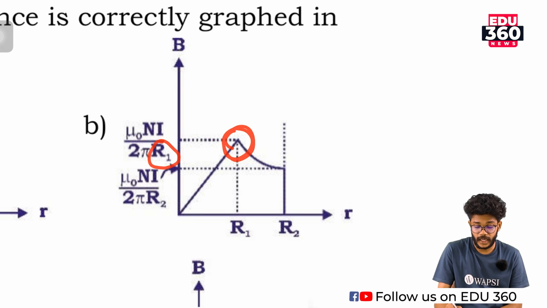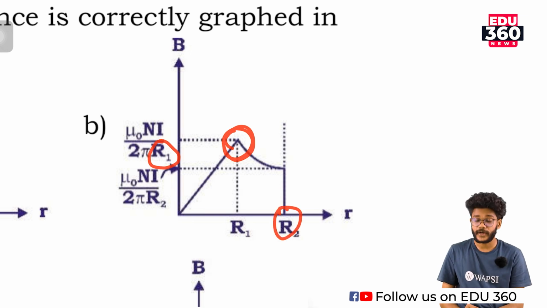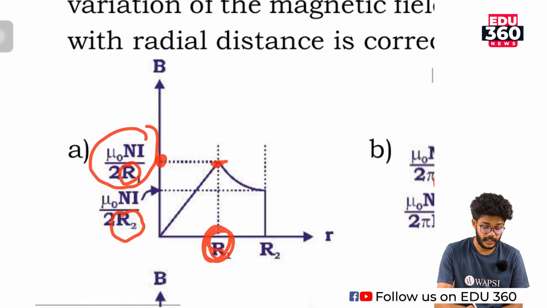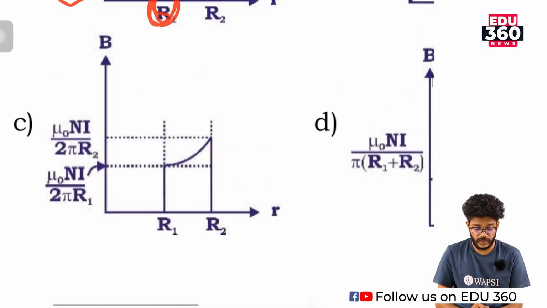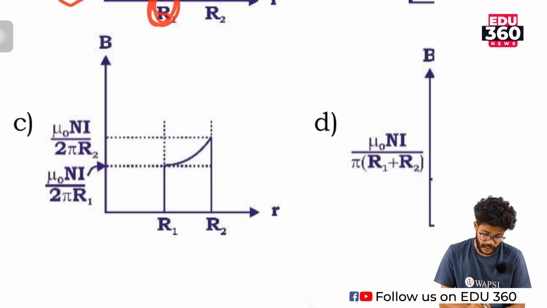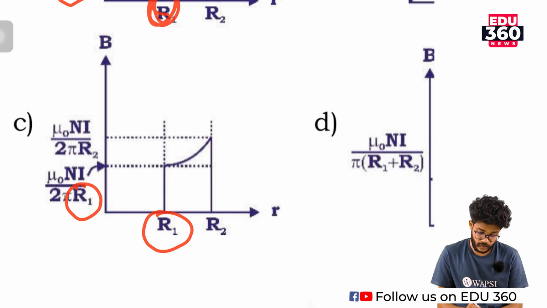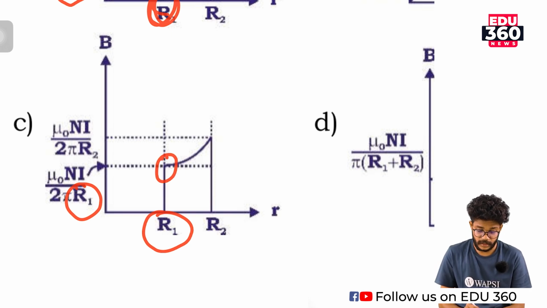Logically the maximum value is given to R2, because R1 is the outer radius and R1 is greater than R2. So option A is incorrect and option B is incorrect. R2 is comparatively less, so 1 by R2 gives comparatively high.